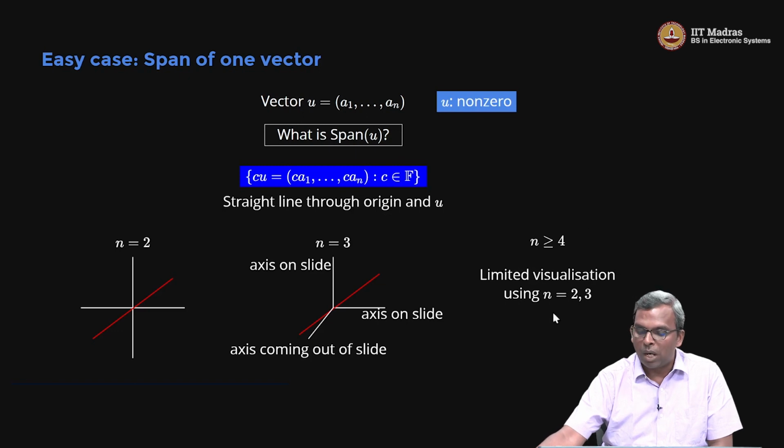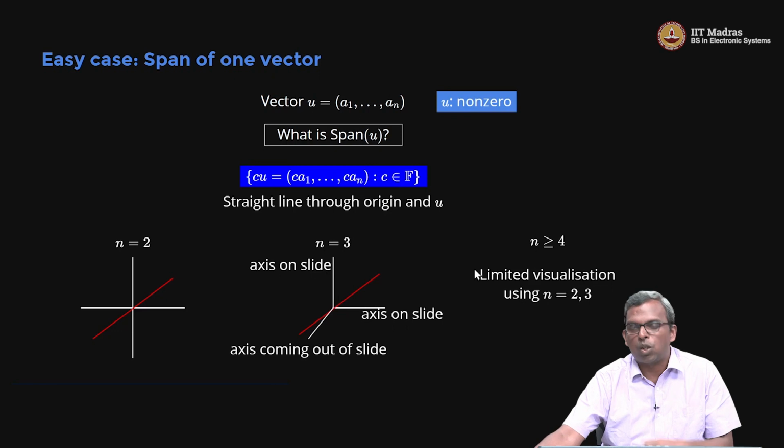When you can't visualize, you get a little confused about how to think of vectors. So usually what people do is they fall back to the n equals 2, n equals 3 case. The n equals 2 case we saw extensively, in great detail. The n equals 3 case we didn't see in great detail, we're seeing it now. So what I'll generally do in these larger n cases is to give you illustrations with n equals 3 and appeal to your intuition to visualize the more general case.